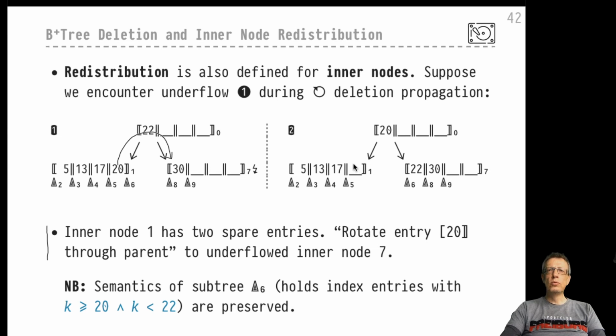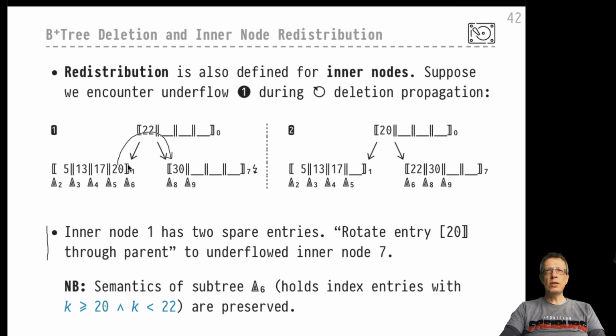So we move the 20 and place it up here in the parent. This 20 kicked the 22 downwards into the rightmost inner node here with number 7, and it's being placed there now, shifting the 30 over. Okay, so this is what I meant by rotating through.